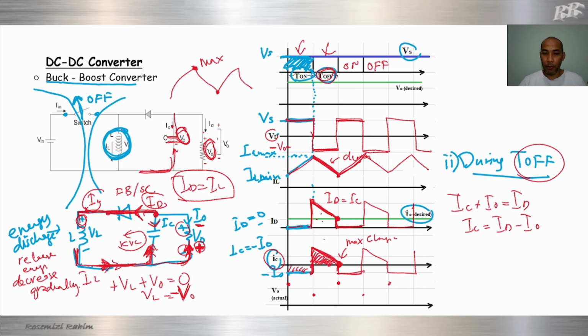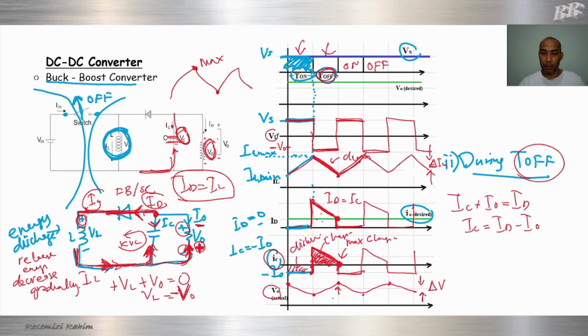So the graph of the actual V out will fluctuate like this due to ripple. This one we call ripple voltage, and this one we call ripple current IL. This part is charging, this is discharging.